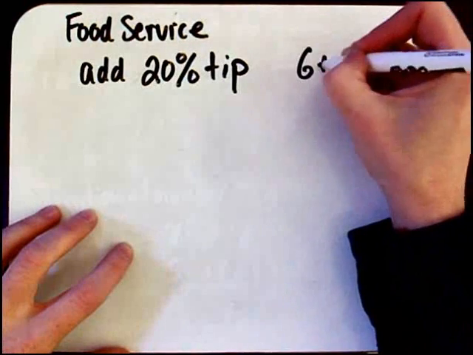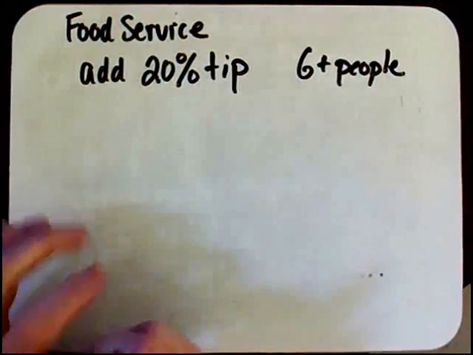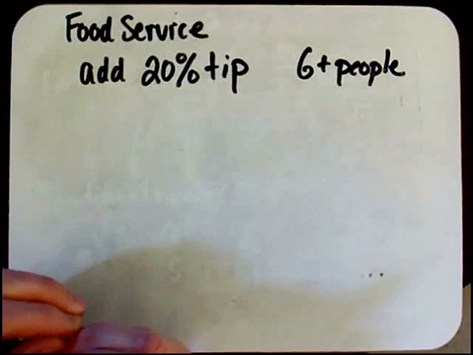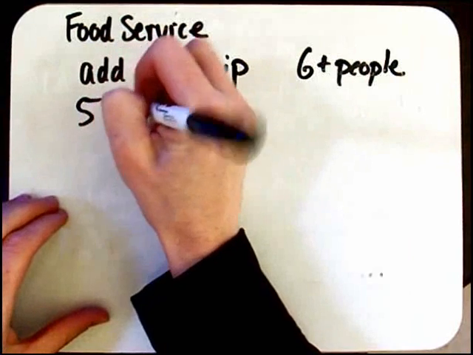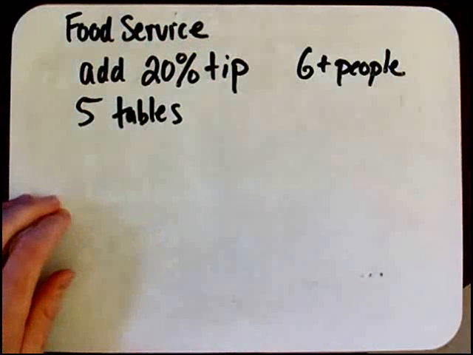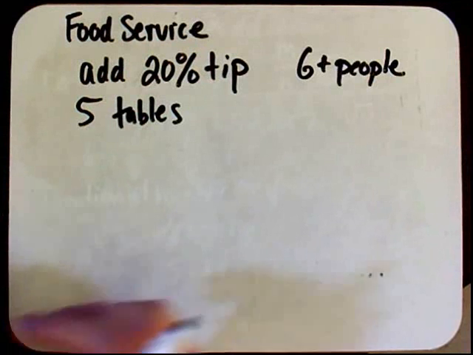So 6 plus people get a 20% gratuity added onto it. Suppose a server waits on 5 such tables. So 5 tables of over 6 people. The bill without the tip for each party is listed in the table. How much did the server make in tips during this shift?